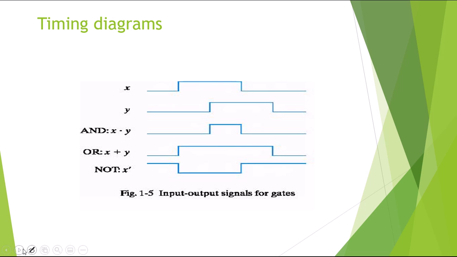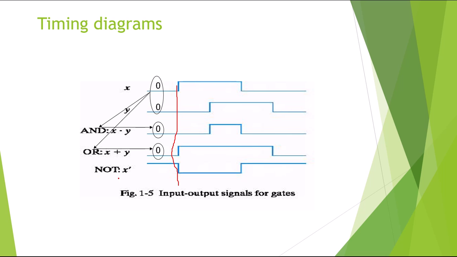So for example, if X and Y both are 0, the AND output will be 0. Since both of them are 0, our OR gate output will also be 0.